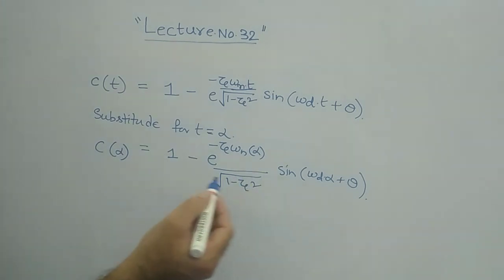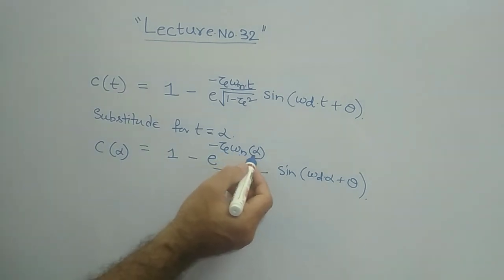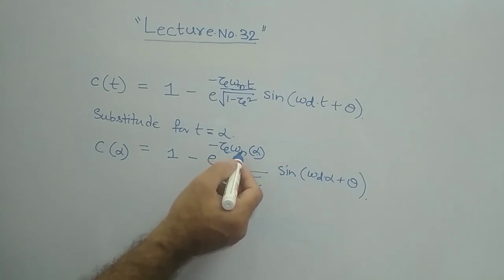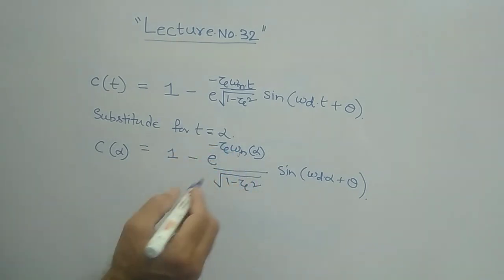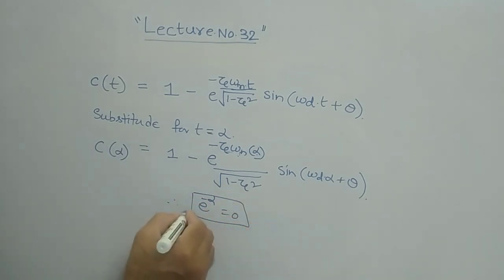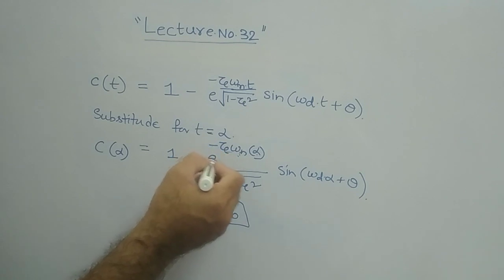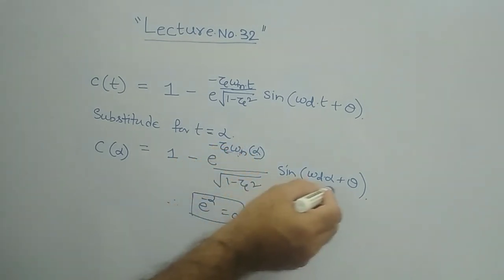Further, e power minus zeta omega n into infinity means infinity times something, which is minus infinity. E power minus infinity is 0. So this value becomes 0, and 0 by something is 0, 0 into something is 0.